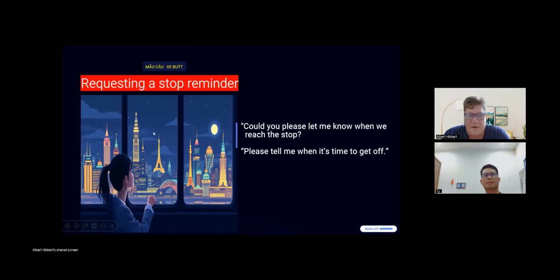Right. Now, if you are on the bus, you want to request a stop reminder. So you want to let the driver know where he must stop so you can get off the bus. You can ask any one of these two questions.